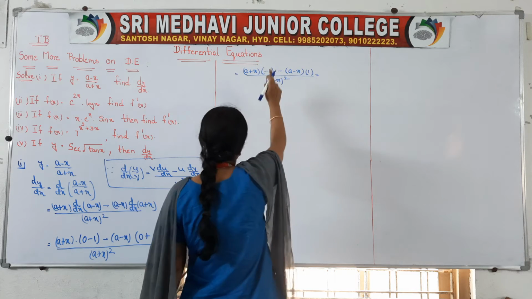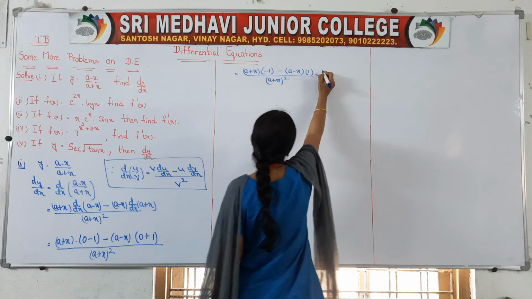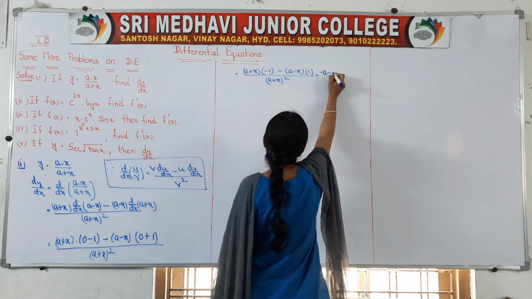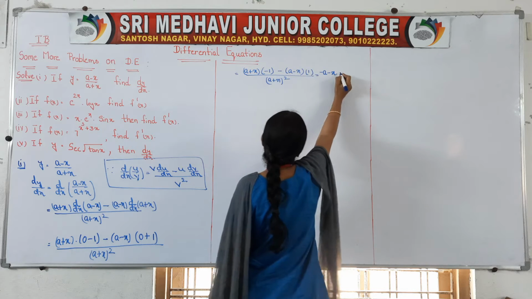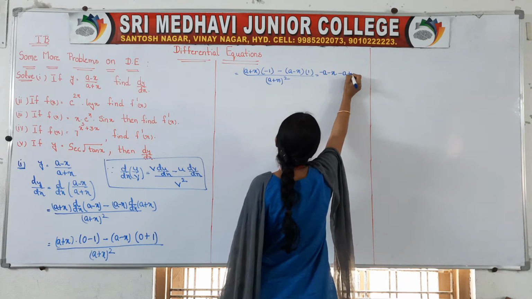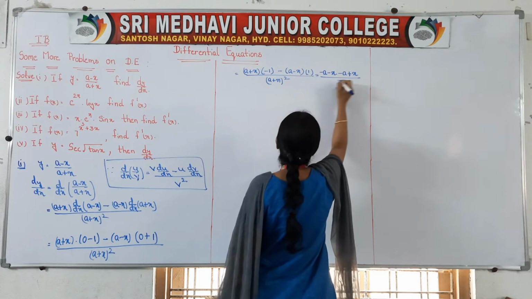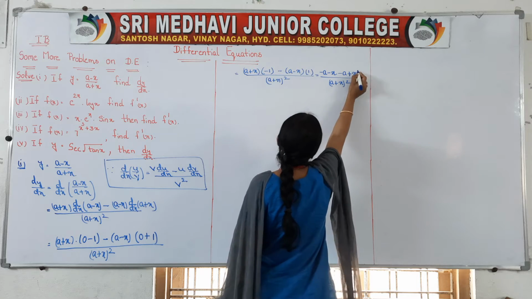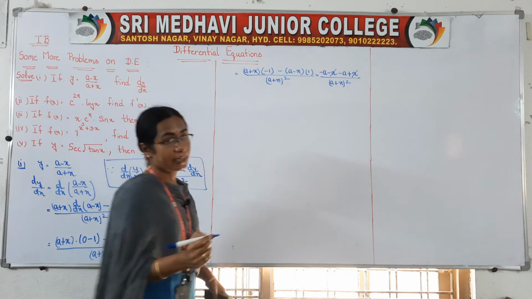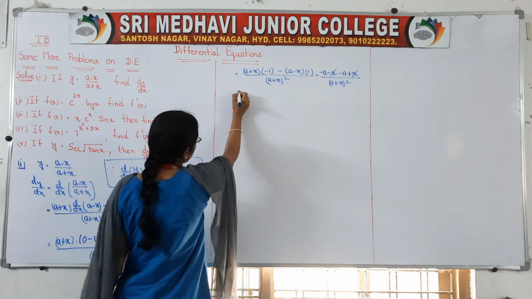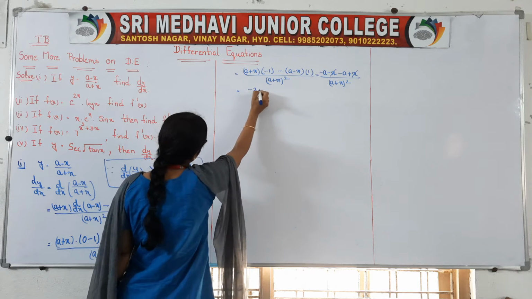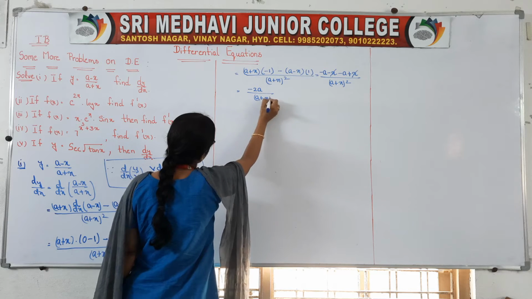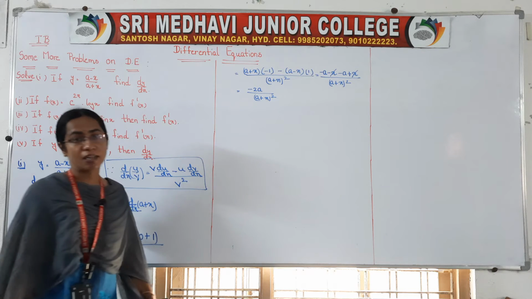Multiply: minus 1 into a is minus a, minus 1 into x is minus x. Next minus a, minus of minus x gives plus x. So plus x and minus x cancel, and we have minus 2a by (a plus x) whole square, which is the answer for the first question.